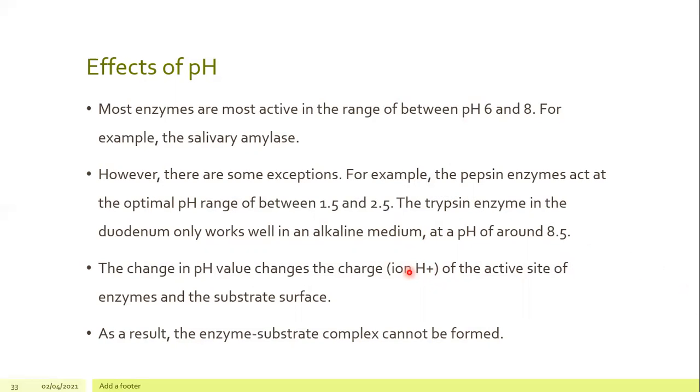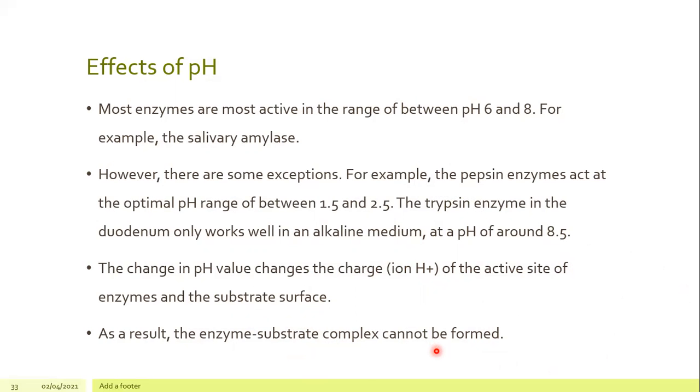When the H plus ions are affected, the enzyme-substrate complex cannot be formed. This is why it is always important for us to keep our body pH at optimum levels, for example pH 7 in our mouth and an acidic pH in the stomach.